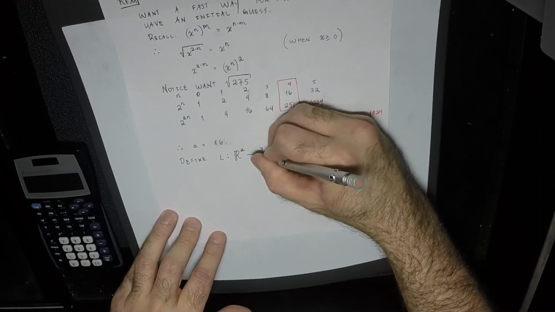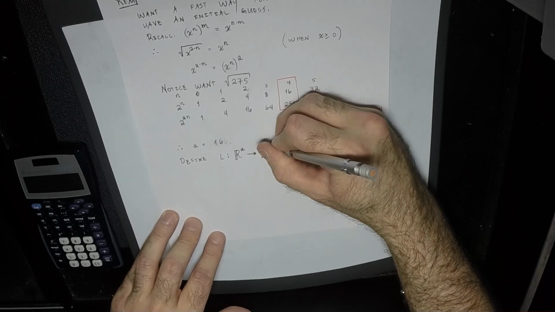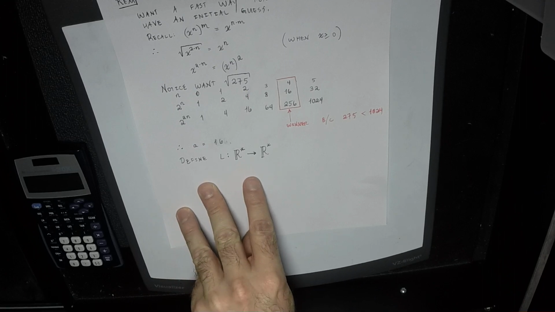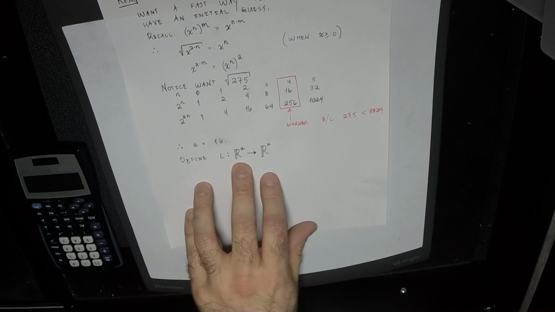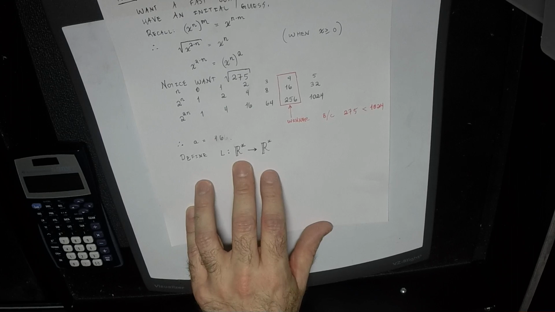In fact, it's only going to produce integer guesses, but that's fine. This is the thing that computes our initial guess. We're going to need an auxiliary function. Why? To keep track of what the current guess is.